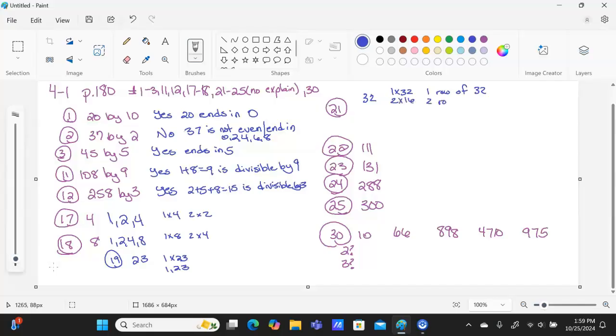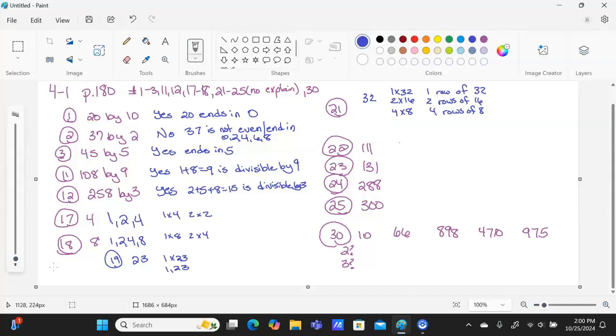You can have 2 rows of 16. 3 won't go into it. 4 will. 4 times 8. You could have 4 rows of 8. It has to have at least 8 students in each row. So you couldn't flip it and say 8 rows of 4 or 16 rows of 2. So those are your possibilities.